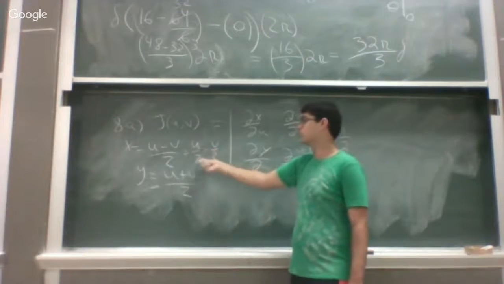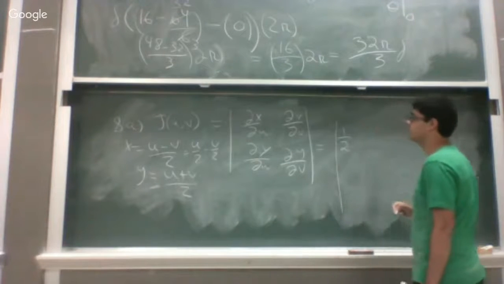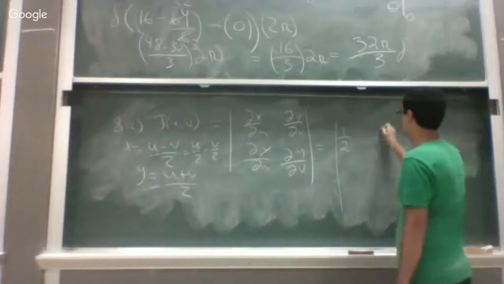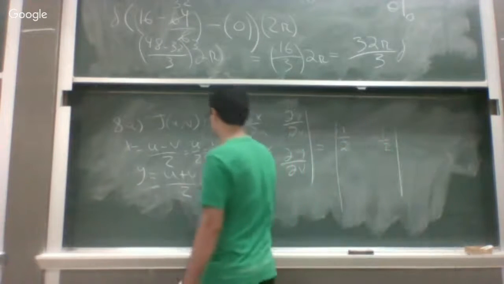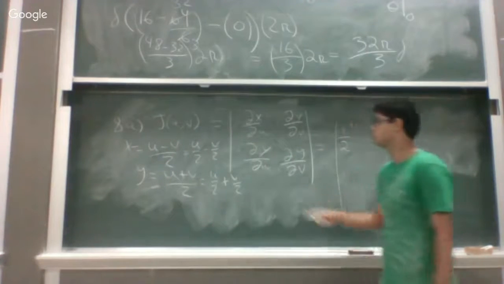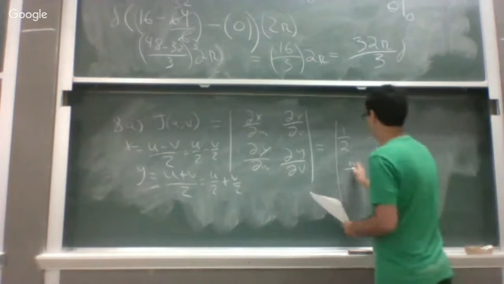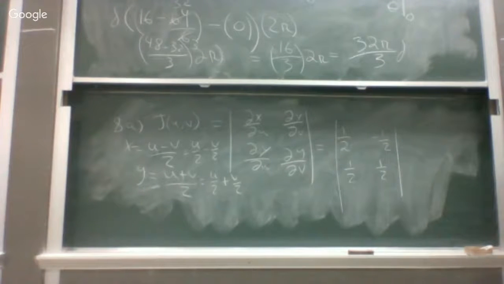The derivative of u over 2 is 1/2. What is with respect to v? Negative 1/2. Again, y is equal to u over 2 plus v over 2. So what is partial of y with respect to u? 1/2. And with respect to v, the answer is 1/2.